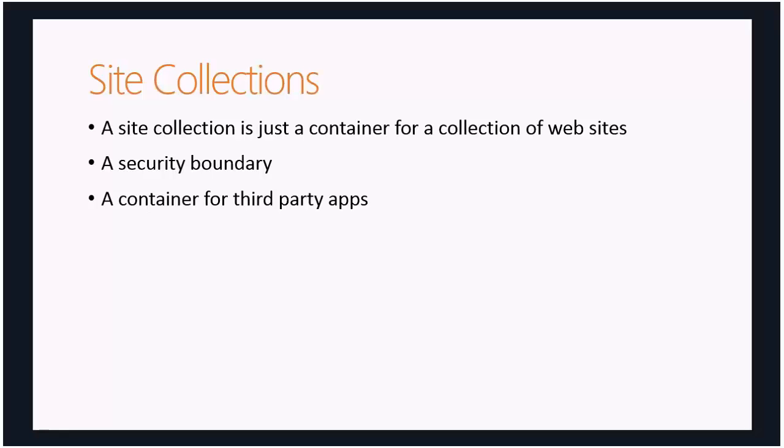It's also a container for certain features that you enable in SharePoint. You can enable a certain web publishing option, for example, and that will then be enabled across all of the sites in this site collection. So maybe you want to set up a relatively simple site collection and not enable a lot of features, just to keep things as simple as possible for users.